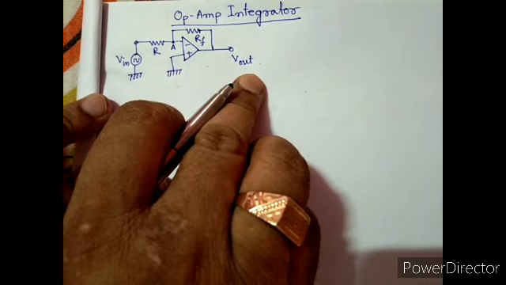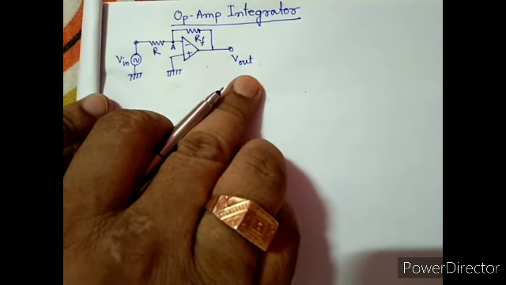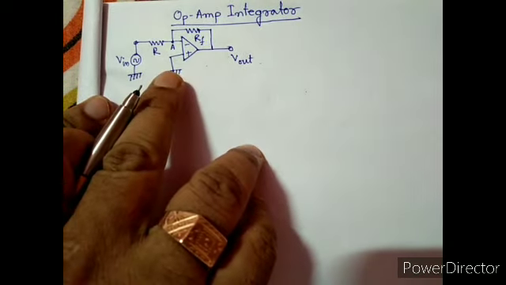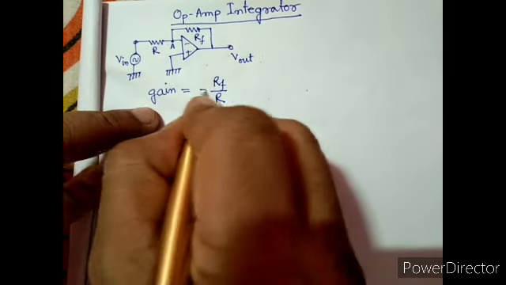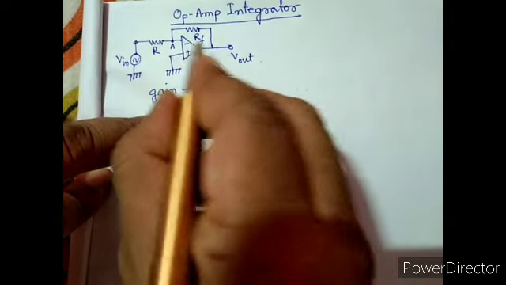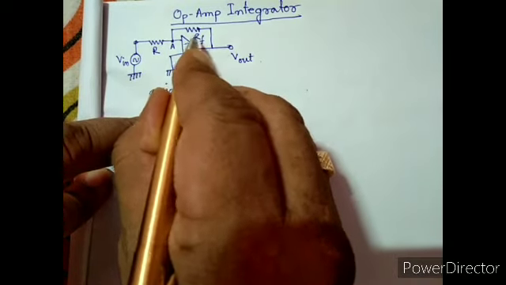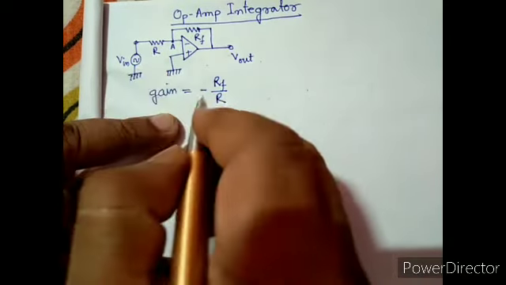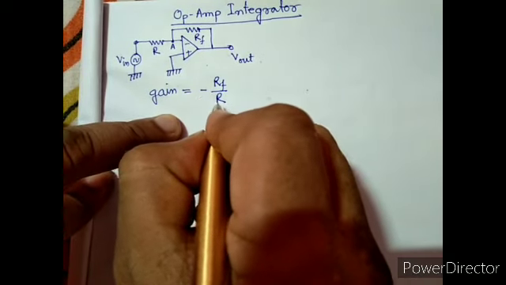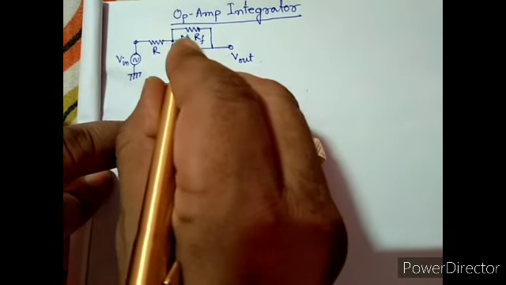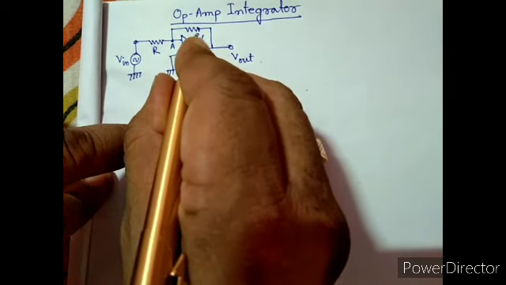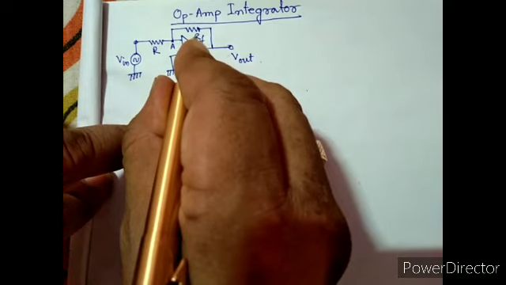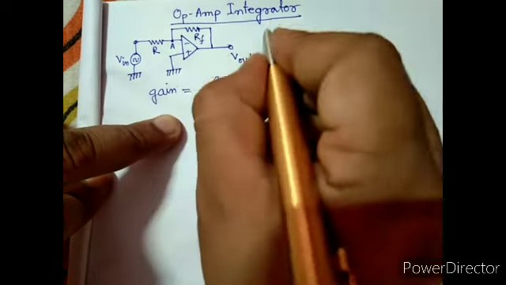works. We came to know regarding the inverting operational amplifier, where gain equals the ratio of the feedback resistance and the input resistance, RF by R. Now, if we replace this RF with a feedback capacitor, then we can make a simple integrator circuit.